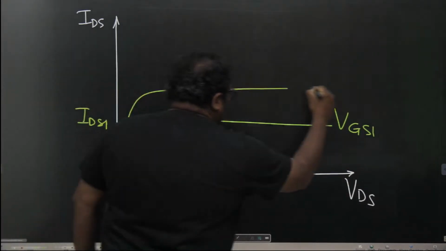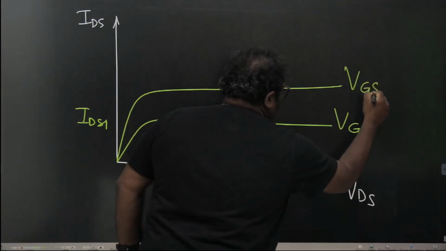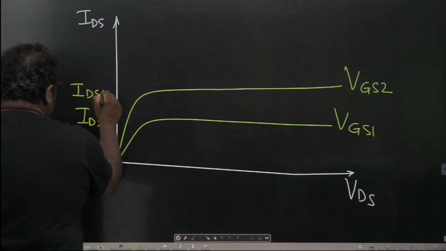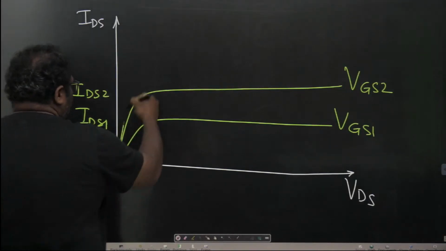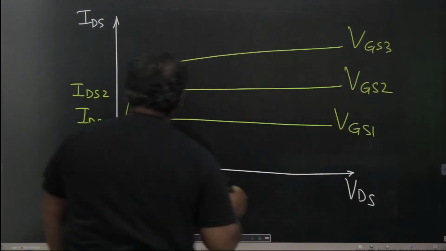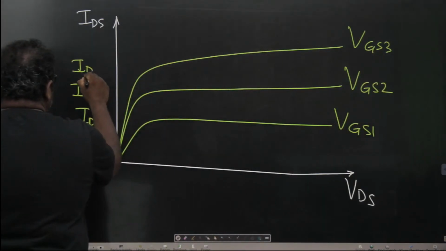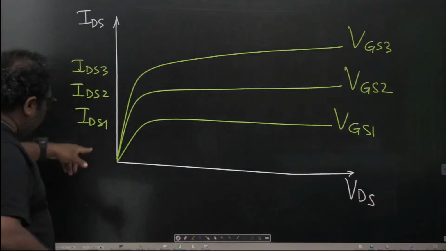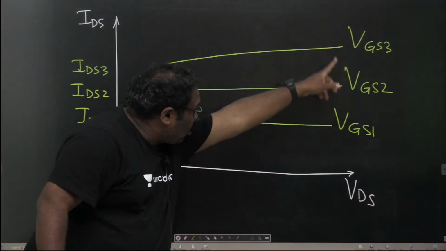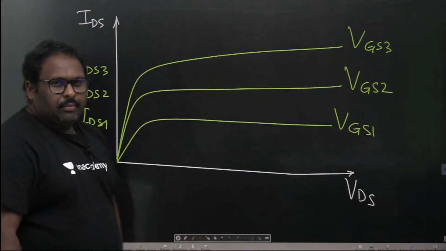For a different VGS2, I find an IDS2. So on, for a different VGS3, IDS3. So my IDS is in no way depending on the VDS, and it is depending only on the VGS.